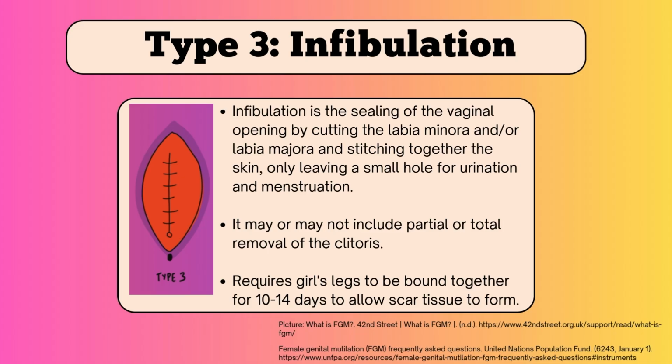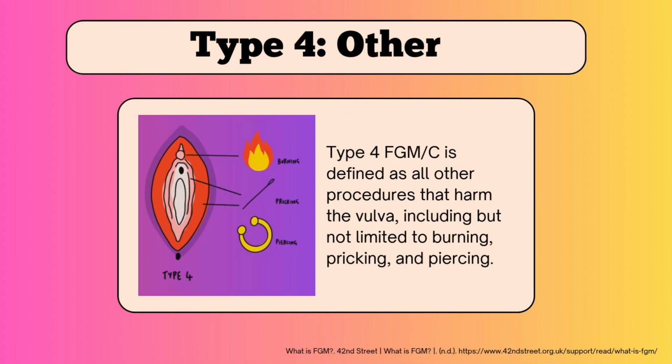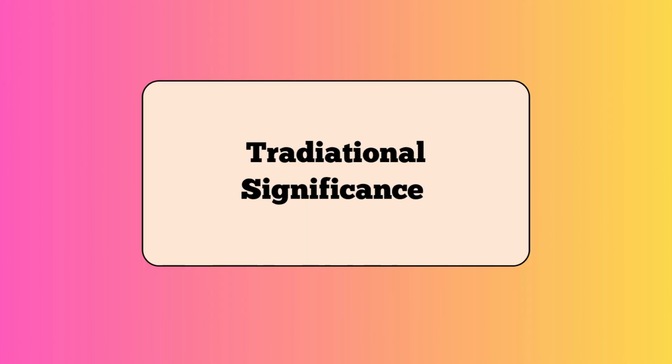Infibulation usually requires girls' legs to be bound together for 10 to 14 days to allow scar tissue to form. Type 4 FGMC is defined as all other procedures that harm the vulva, including but not limited to burning, pricking, and piercing.